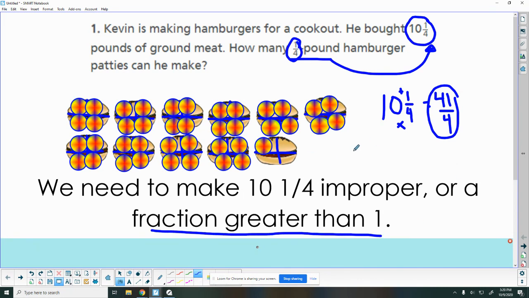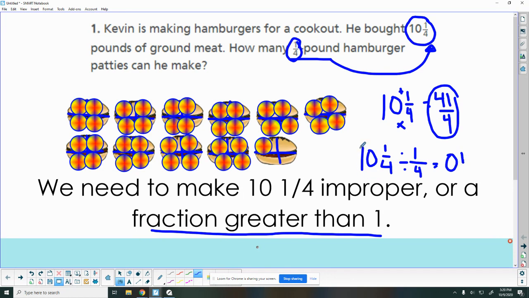So I can see here that when I have 10 1/4 and I want to cut it up, I can't just divide by 1/4. That's going to look like 10 divided by nothing. 10 divided by, there's nothing here, is 0. And a fourth divided by a fourth is 1.